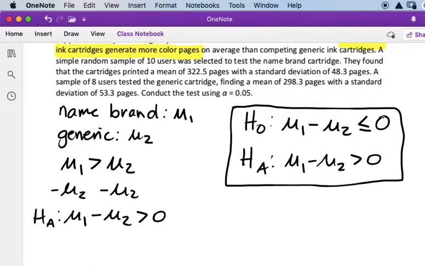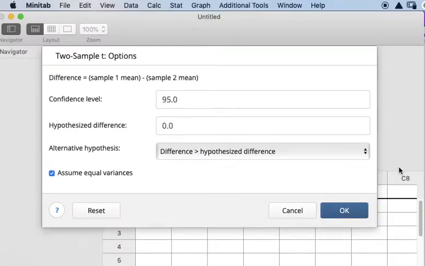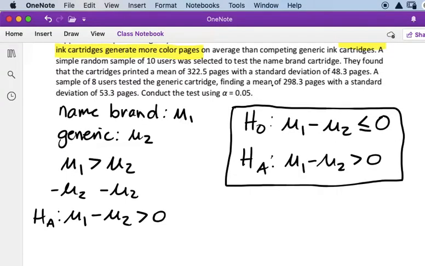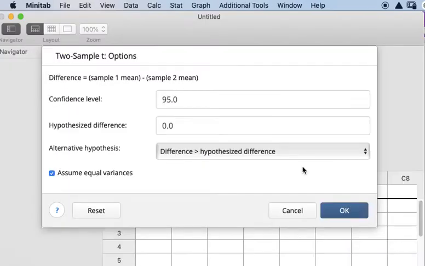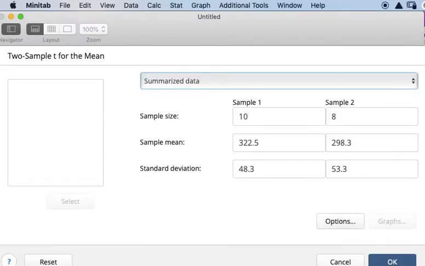If it were a different number, then I could put a different number in that box. And that would happen if, for example, your question was asking, was the difference more than 10 pages? Then I would have the number 10 here, and that would be my hypothesized difference. But in this case, I'm just asking if it's more, so my hypothesized difference would be 0. Click OK.